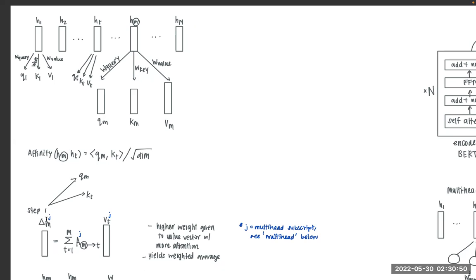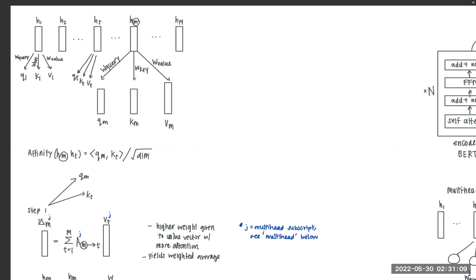So a person's first head does not talk to other people's second head. A person's jth head can only talk to other people's jth head based on this query and key mechanism. And then you decide how much you want to make the change.